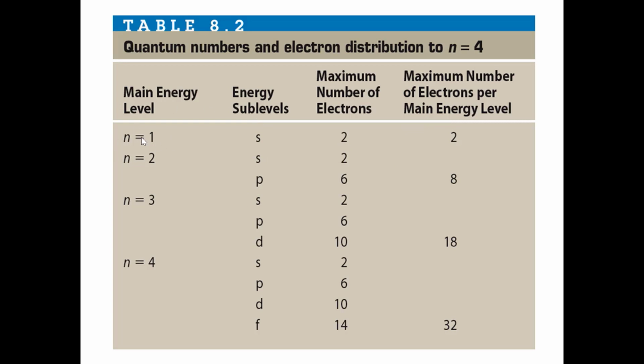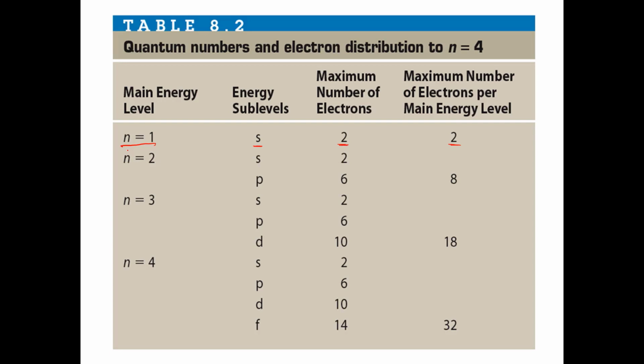We can see in the case of n equals 1, we have just one subshell. And remember, s holds just 2 electrons, and this is why the maximum number in this subshell is 2, and then the maximum number in the main energy level will also be 2.